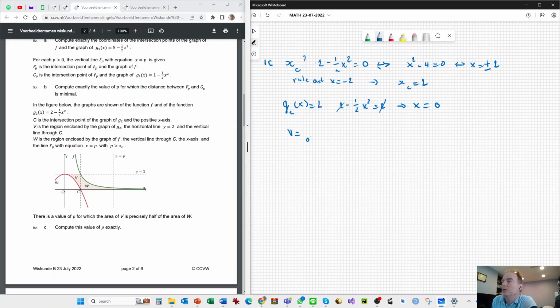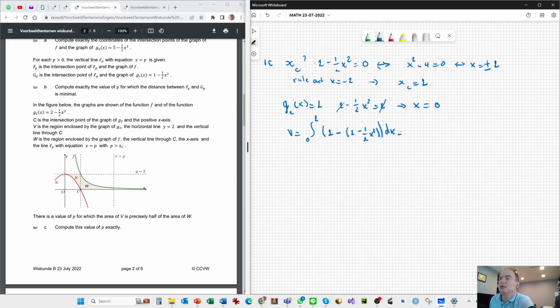So it's the integral from 0 to 2 of the upper bound function, which is this 2, minus our function, minus 1/2 x squared dx.